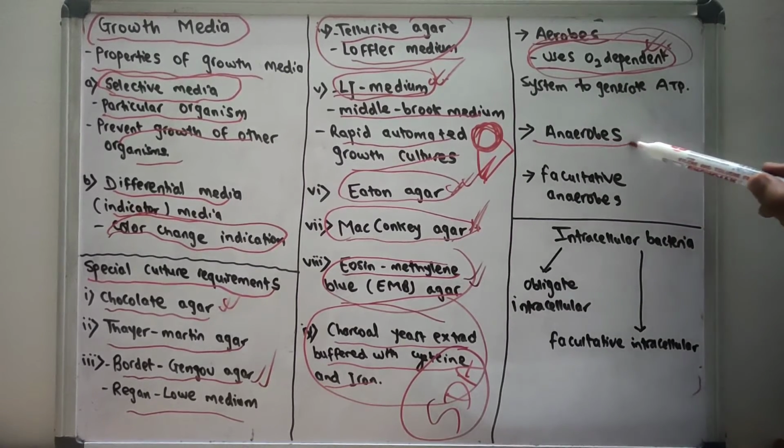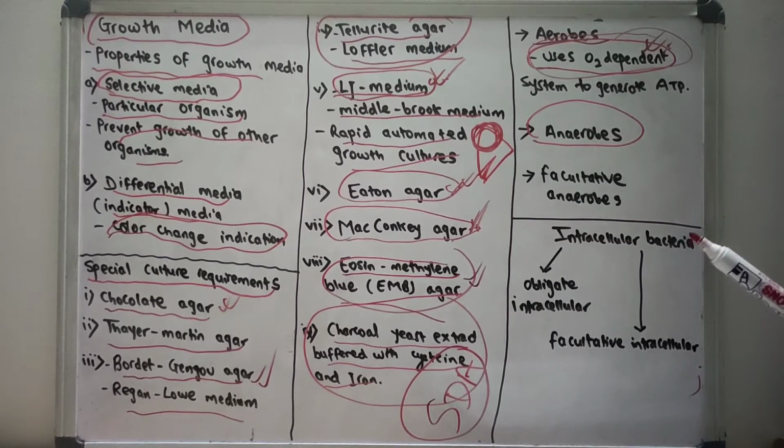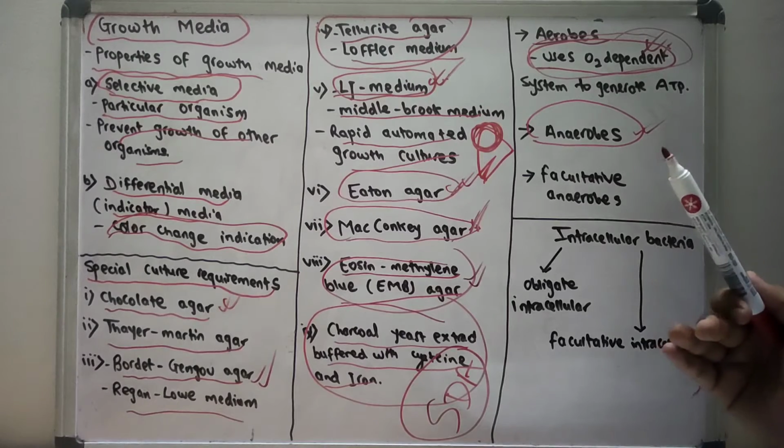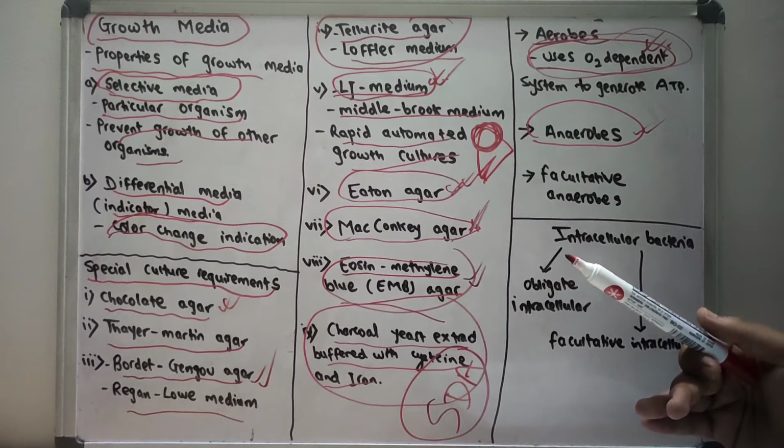Now let us discuss the anaerobes. The anaerobes are the bacteria which do not use oxygen and are not dependent on an oxygen system to generate ATP. Examples of anaerobes include Clostridium, Bacteroides, Fusobacterium, and Actinomyces israelii. They lack catalase and/or superoxide dismutase and thus are susceptible to oxidative damage.